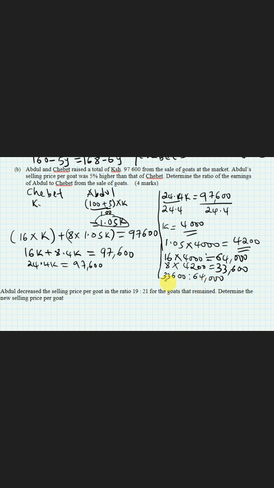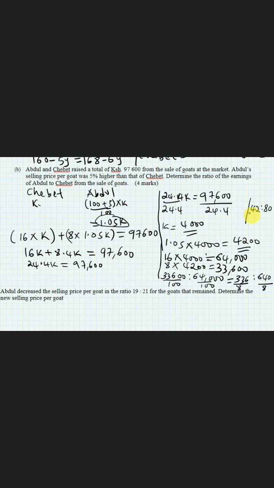We can now divide throughout by 8. 33,600 divided by 8 gives us 4,200 is to 64,000 divided by 8 gives us 8,000.